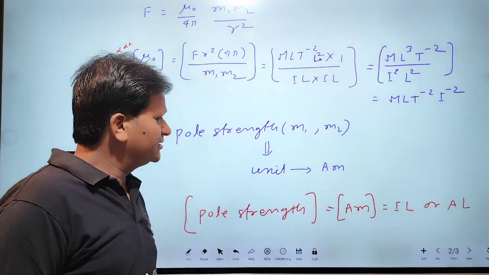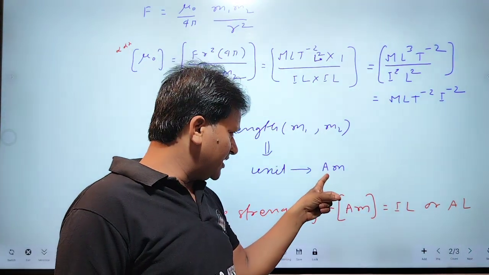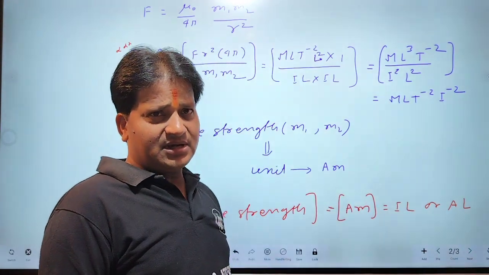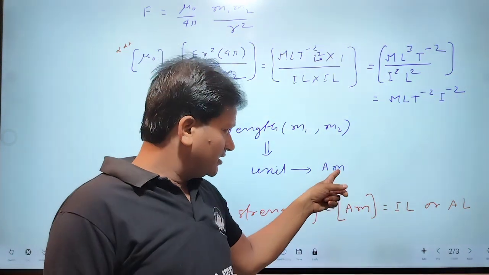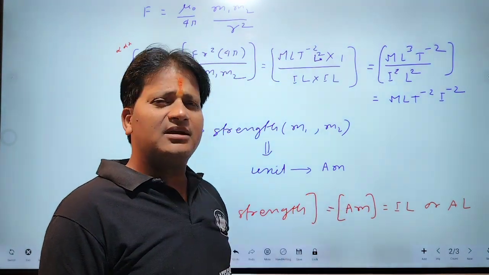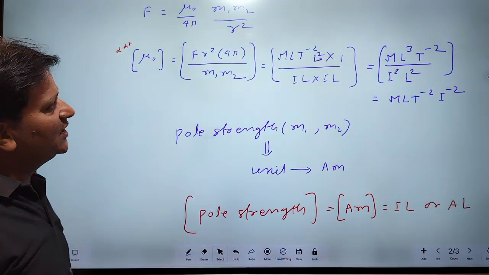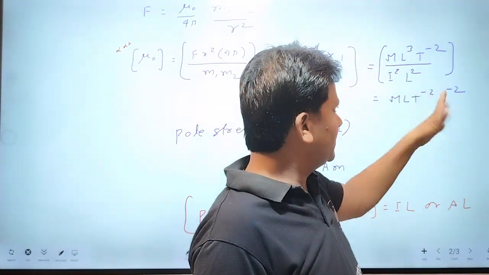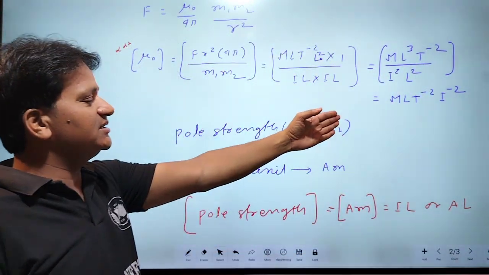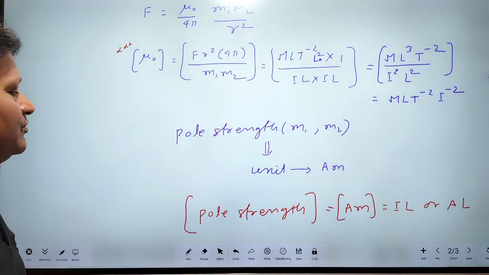Pole strength has unit ampere meter. Dimension of ampere is I or A. Dimension of meter is L. Therefore IL. Okay. This can be written like this. This is dimension of mu naught.